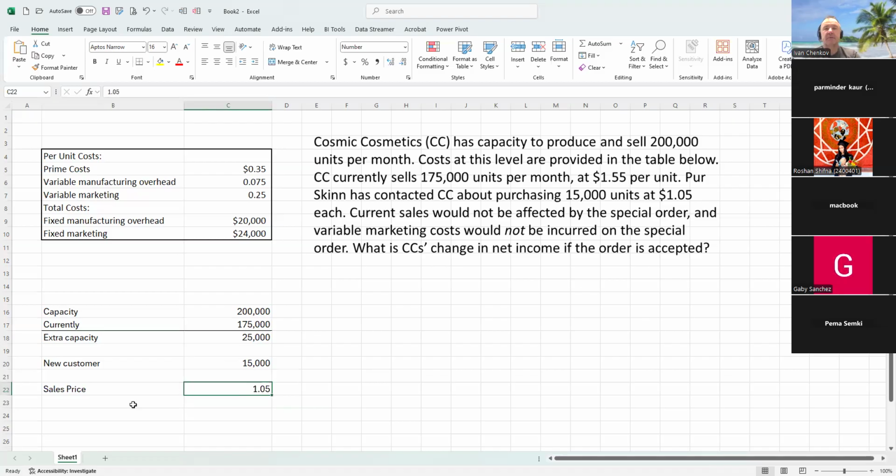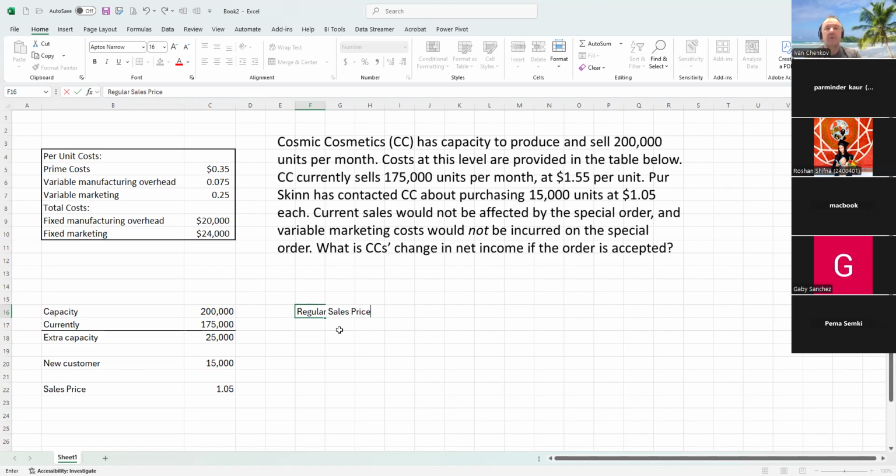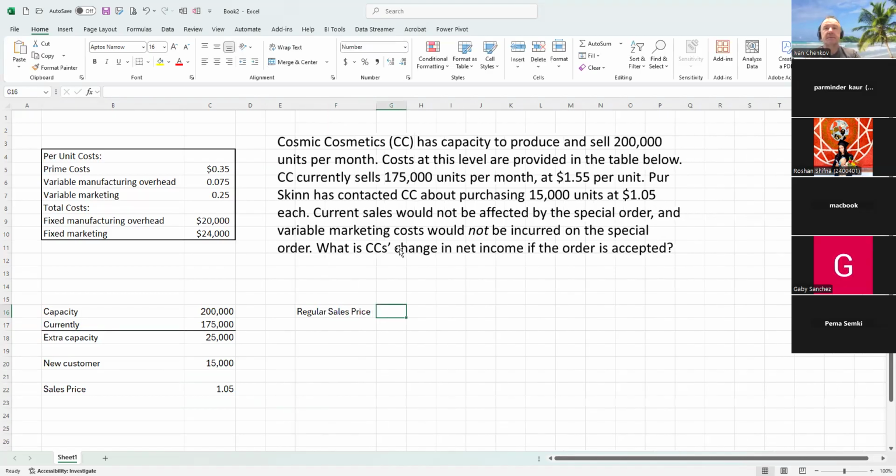Our regular sales price in this case is exactly 1.55, correct? Yes, sir.